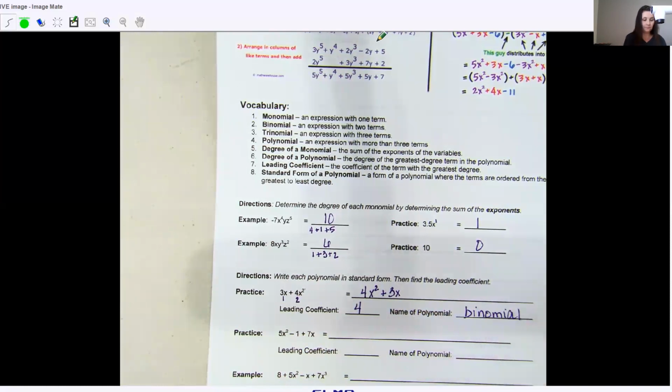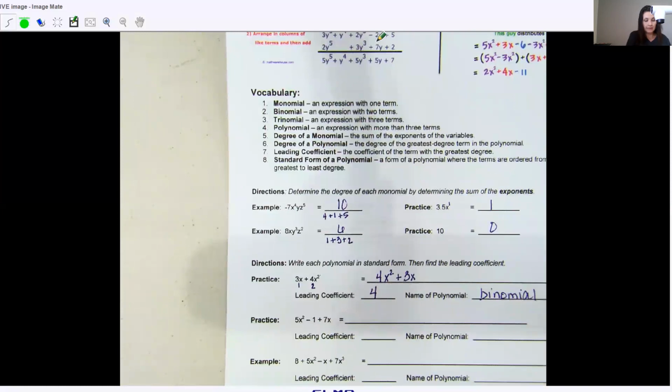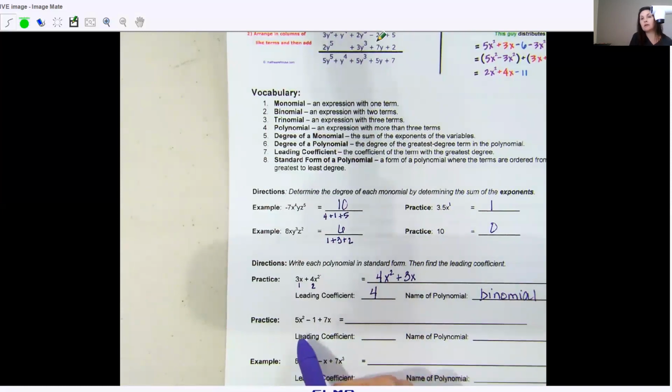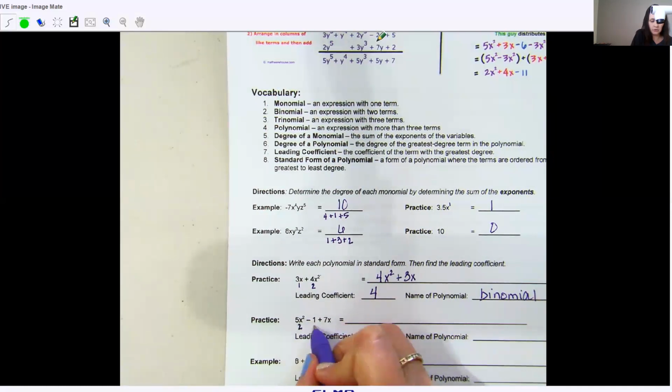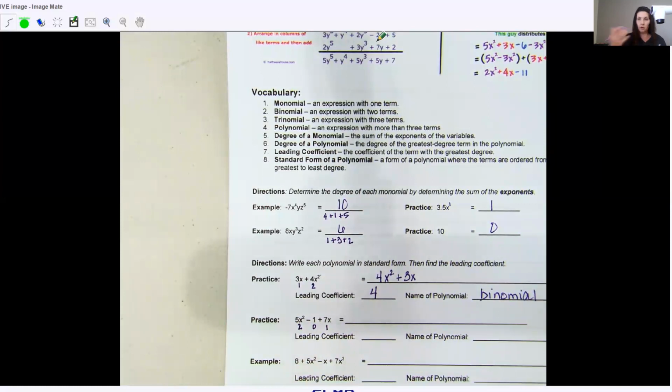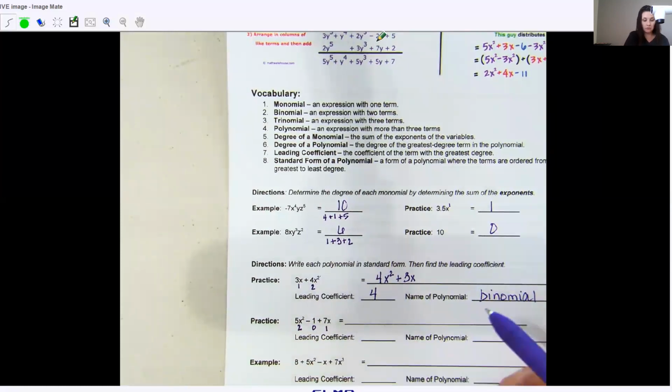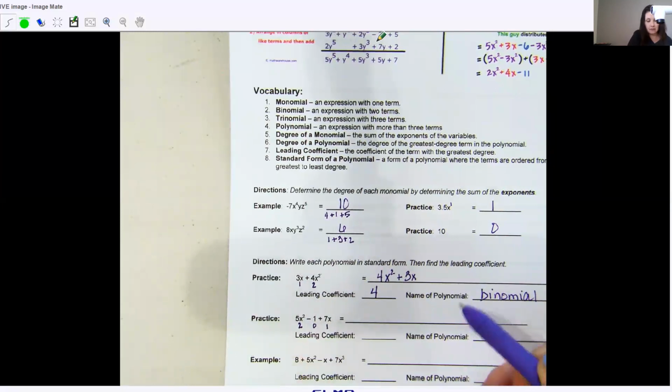Okay. All right, let's look at this practice one. I'm going to order them from greatest degree to least degree. This has a degree of 2, a degree of 0, and a degree of 1. If you don't remember that, go rewind this a little bit and go up to the top to where we talked about what a degree of 0 is.